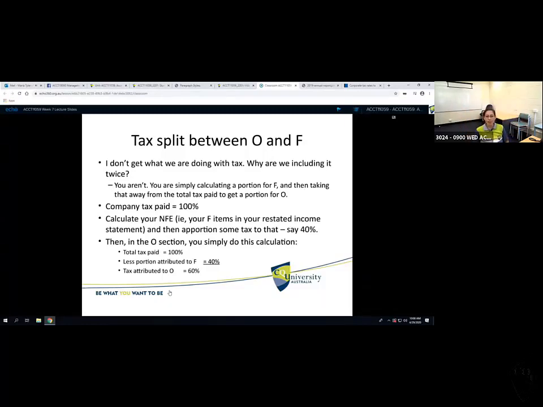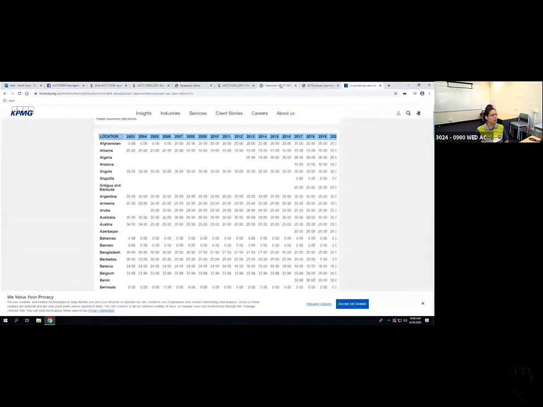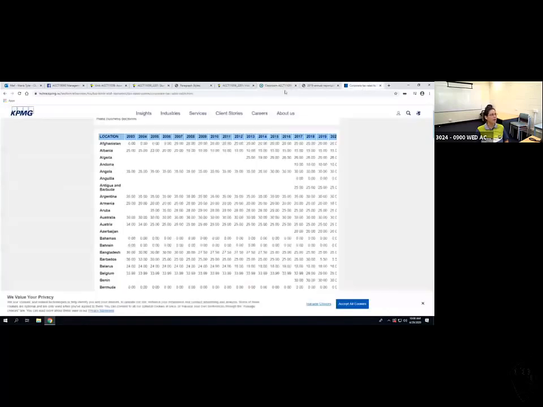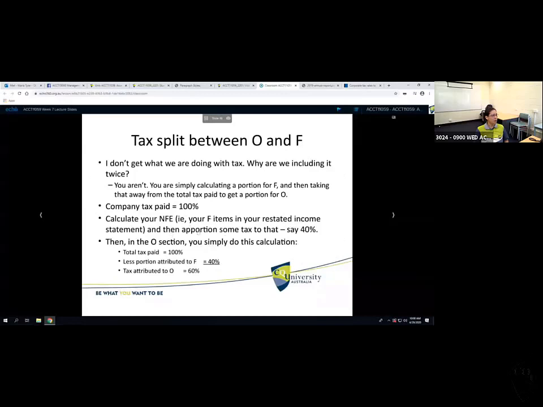You calculate your NFE, or your net financial expenses, so i.e. that's your F items in your restated income statement, and then you apportion it using that company tax rate that I just showed you on this table here. So you calculate a dollar value for NFE, and then you'll multiply it by your company tax rate, and that's how we apportion the tax to it.